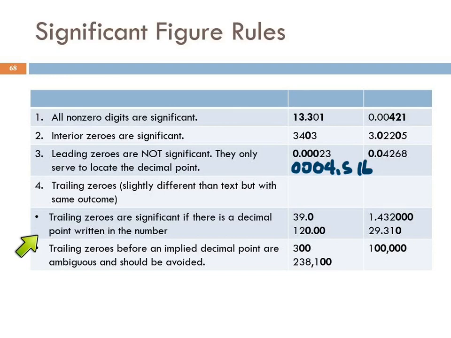Trailing zeros are significant if there's a decimal point written in the number. It doesn't matter if the zeros are before or after the decimal point, but there's a decimal point here, 120.00. There's a decimal point. That means that all of the trailing zeros are significant. 39.0, there's a decimal point.